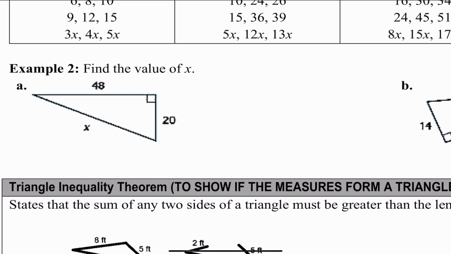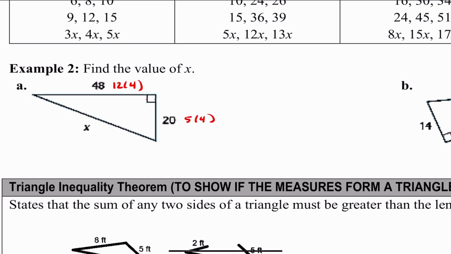I'm thinking 4. 4 goes into 48 12 times, so I'm going to write 12 times 4. I'm going to put parentheses around my GCF, because 12 times 4 is 48. And then what number times 4 is going to give me 20? That's 5 times 4. That's 20.